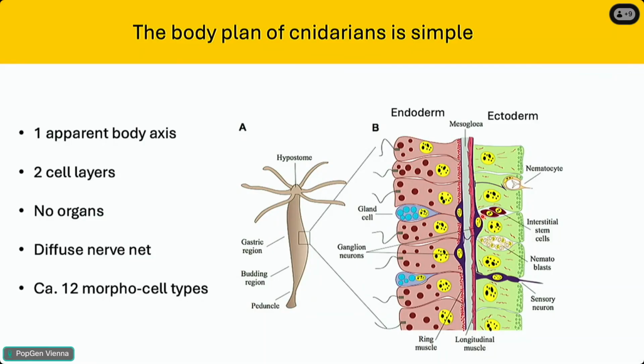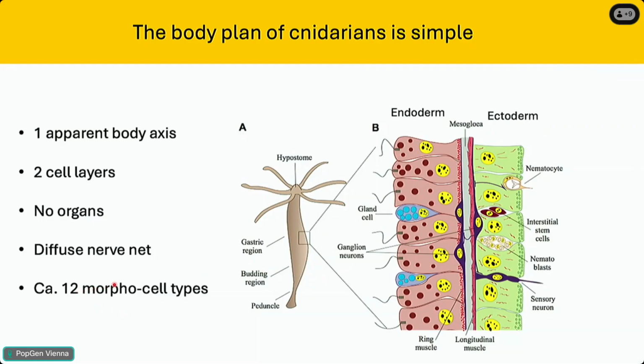So just by morphological criteria, we could differentiate maybe something like 12 cell types here.